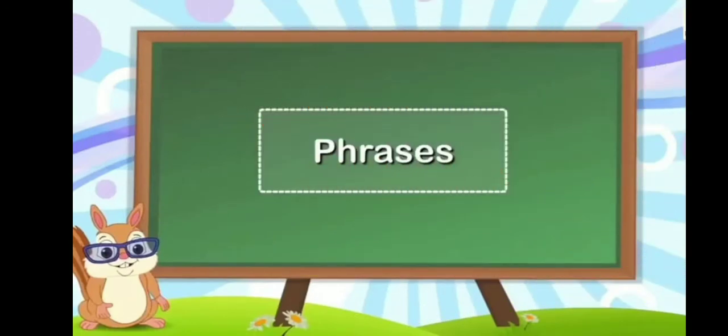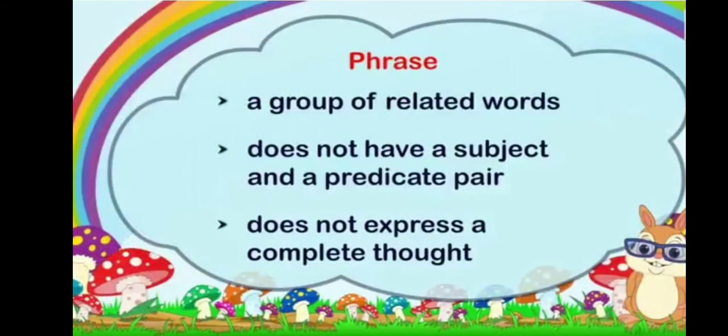Phrases. What is a phrase? We have understood sentences, right? Now, what is a phrase? A phrase is a group of related words. It also contains more than one word.